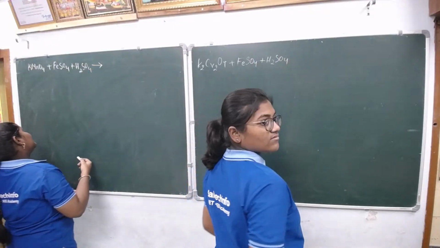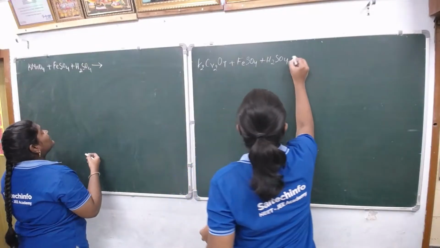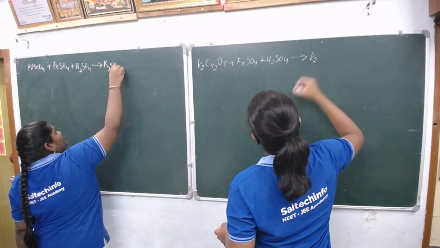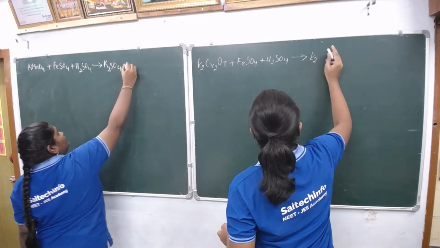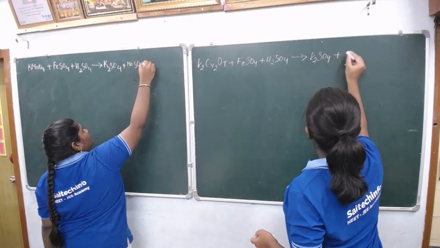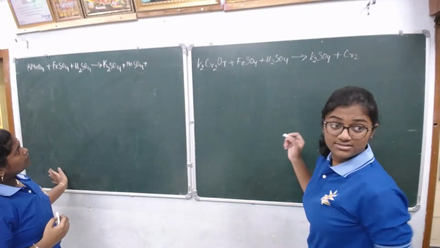Right. Now, what will be the tentative compounds? K2SO4 here, MnSO4, and in this case Cr2(SO4)3, because Cr3 plus. Do you understand, Emily? Yes, sir.